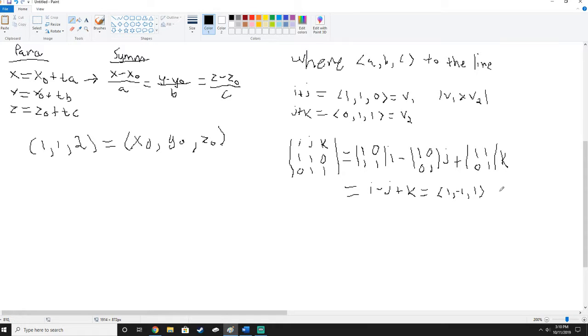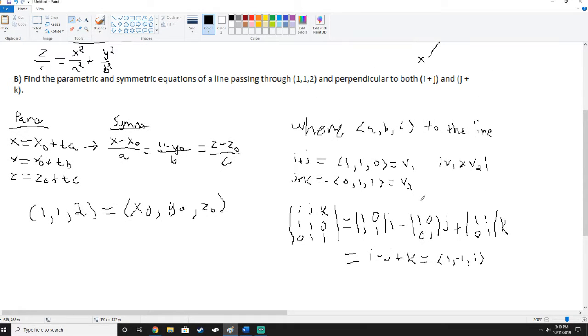Our vector coordinates here are equal to a, b, and c, where our line is.